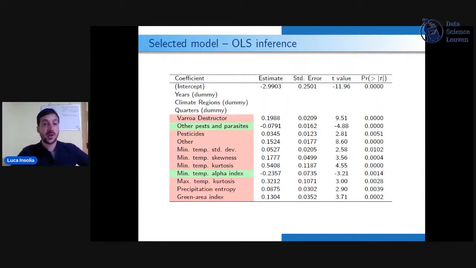And we also have 11 more continuous variables. I'm depicting with red cells factors which have a negative impact on honeybee colonies, conditionally on all other features which have been selected, and the green ones, on the other hand, are somehow positive effects.